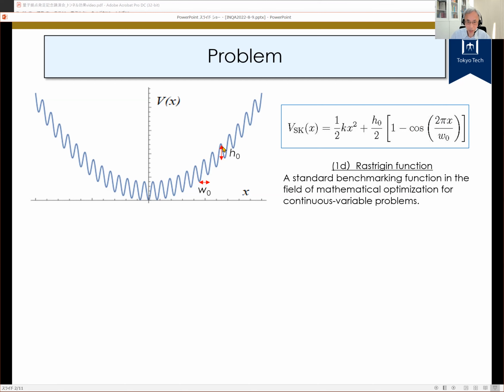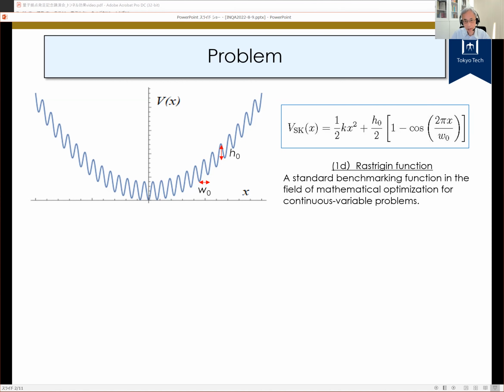And the height of the potential is denoted as h0 and width is w0. And indeed, this is a one-dimensional version of the famous Rastrigin function, which is a standard benchmarking function in the field of mathematical optimization for continuous variable problems.